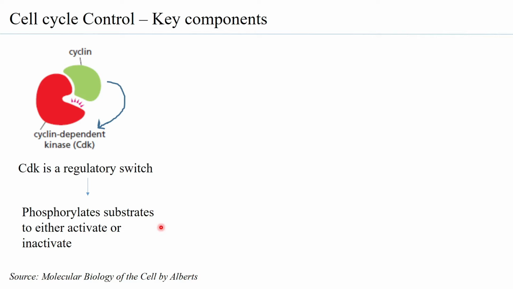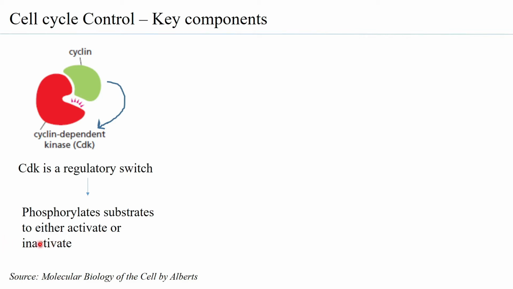Some substrates, when they are phosphorylated, are active, but some substrates, when they are phosphorylated, are inactive. So you can have either or. The point is that the molecules are active if phosphorylated, and not active if not phosphorylated, or vice versa.